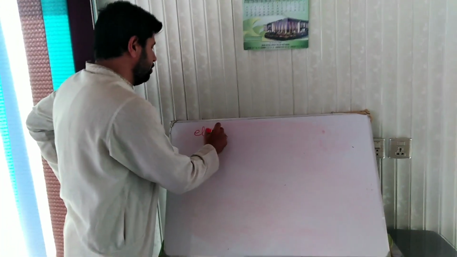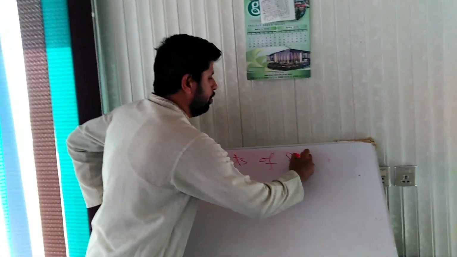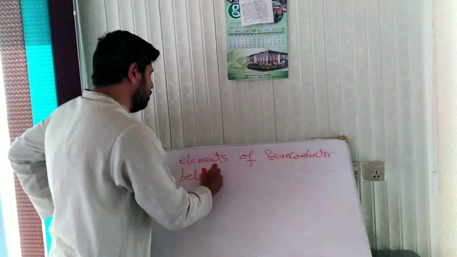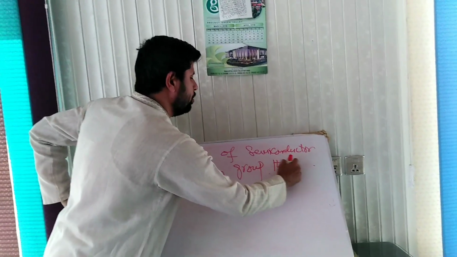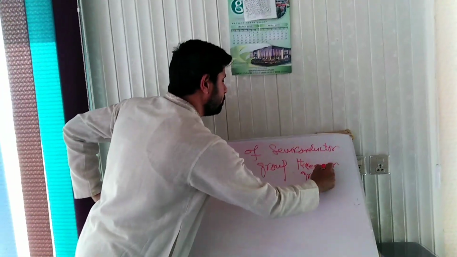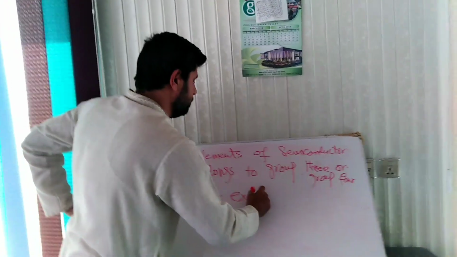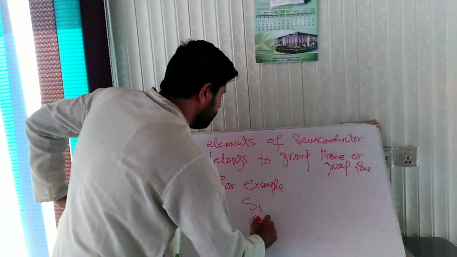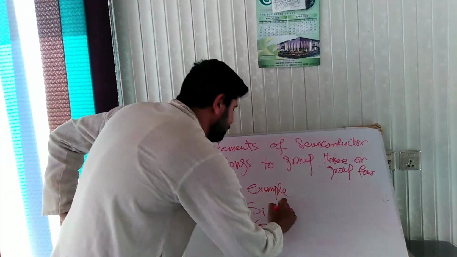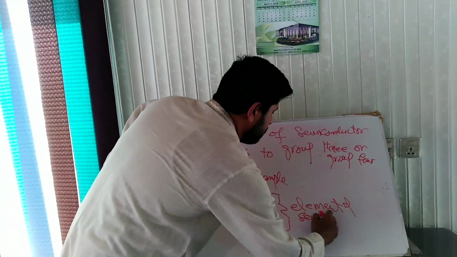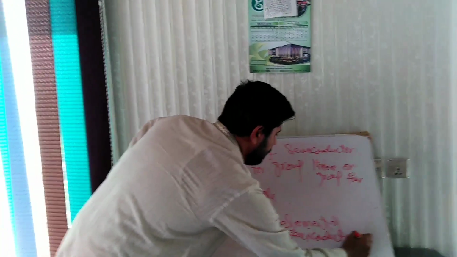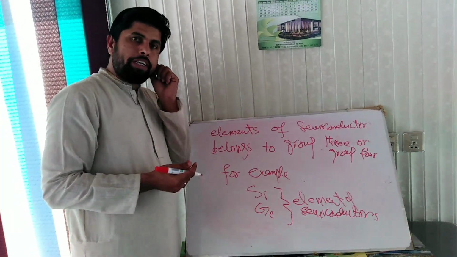Semiconductors belong to group 3 or group 4, for example silicon and germanium, and these are called elemental semiconductors.